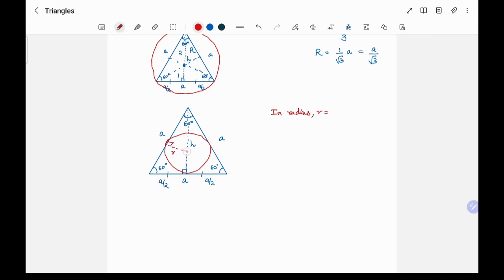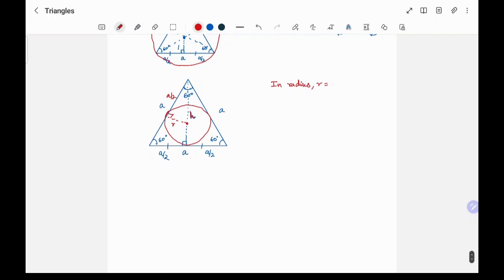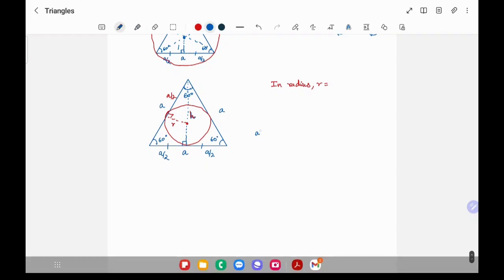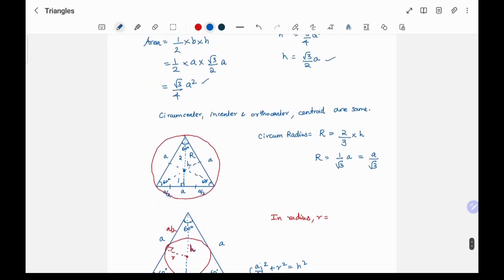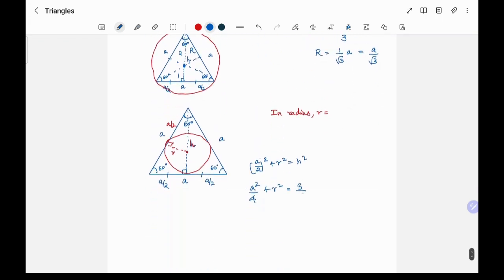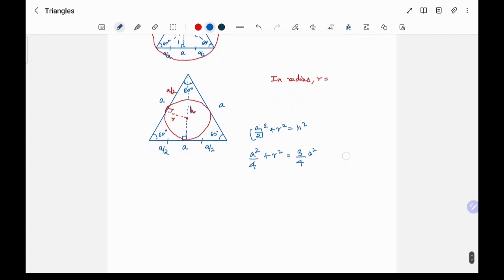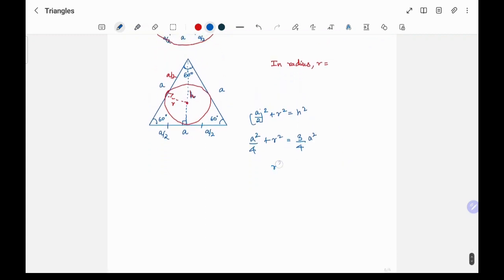So this is the height h, and this is a by 2. So what do we have? a by 2 whole square plus r square is equal to h square. So this is a square by 4 plus r square. h square is 3 by 4 a square, right?